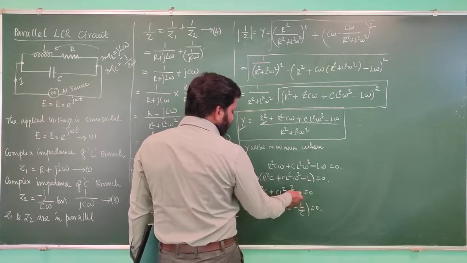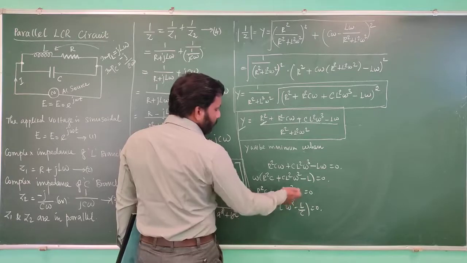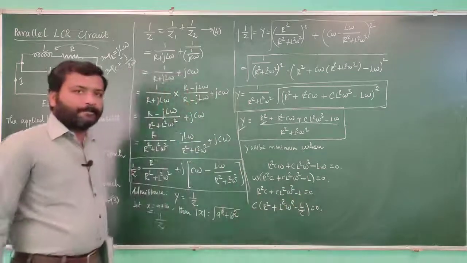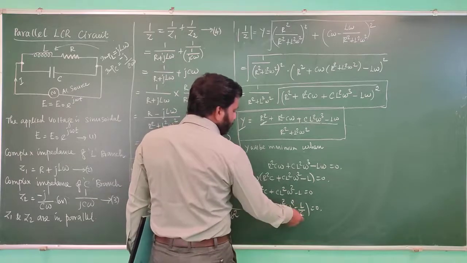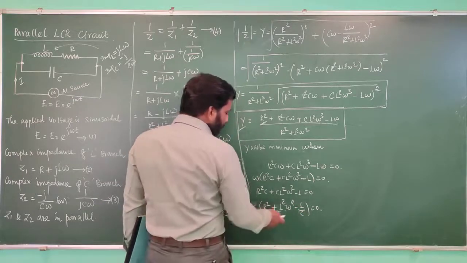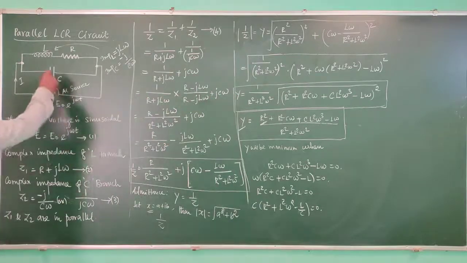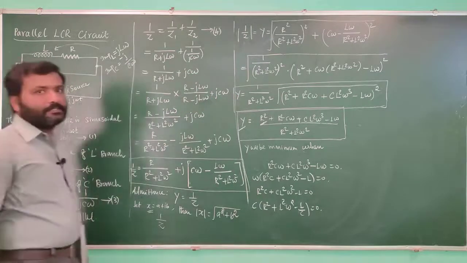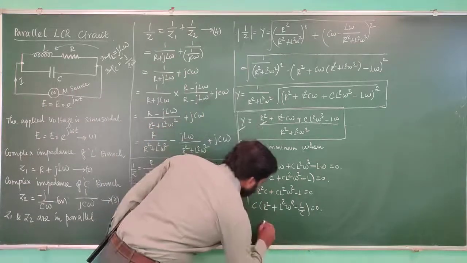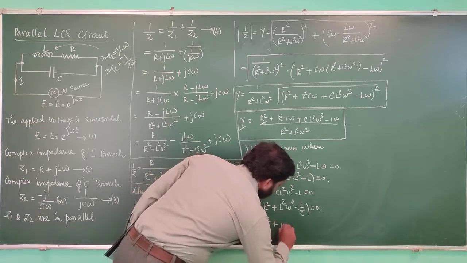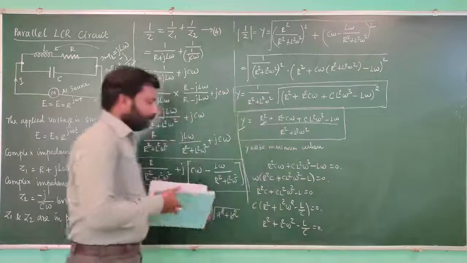Because there is no c in that term, so to take c common you have to multiply and divide by c. The capacitor cannot be 0, because if the capacitor is 0, then this parallel LCR circuit is not valid. So what could be 0? r square plus l square omega square minus l by c could be equal to 0.